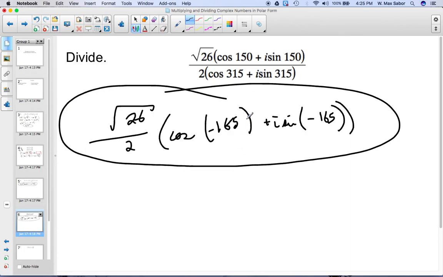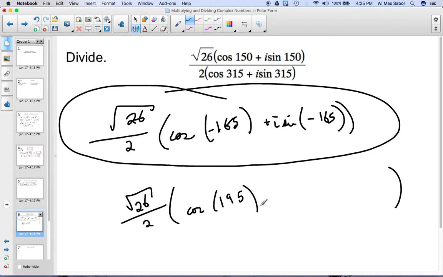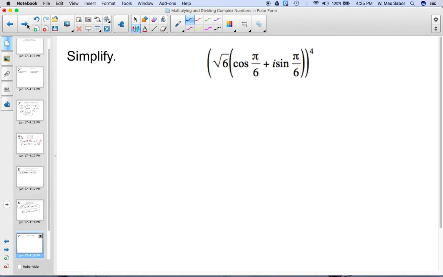Be aware that you might see the answer written with a coterminal angle. So a coterminal angle to negative 165, if you add 360 to this, then you'll get that it's coterminal with 195. So that might be the answer that you see in a multiple choice.